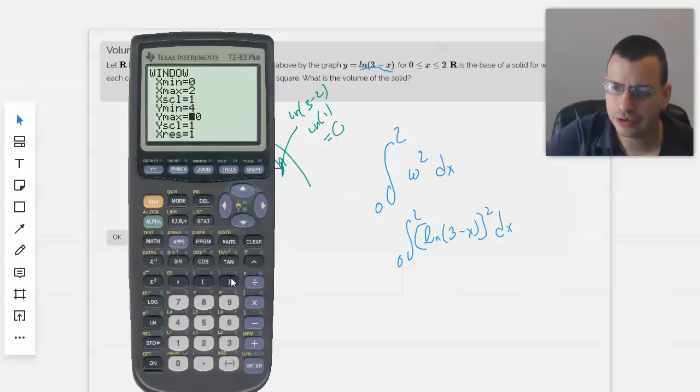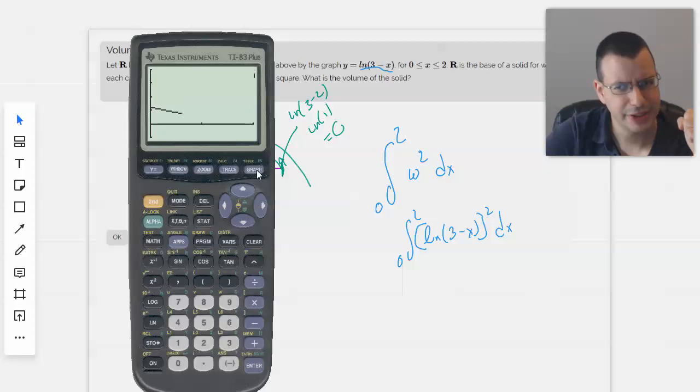Let's say 4 to negative 1. Nope, we'll do negative 1 to 4. Where's the delete? Here's the delete. Don't think I even need to do that. Okay. Graph. See what happens.